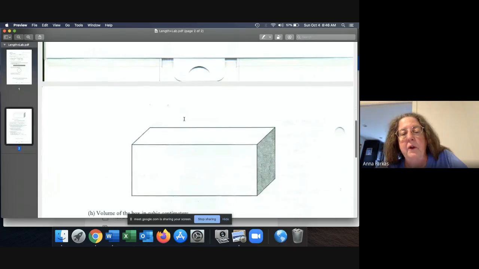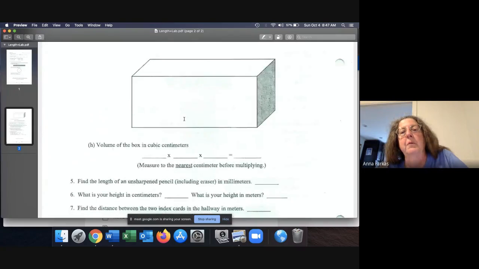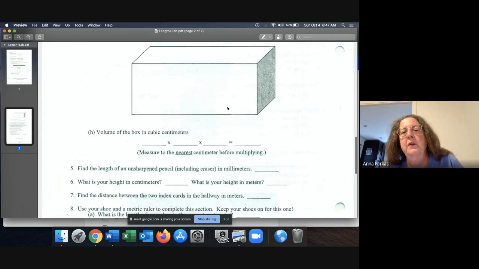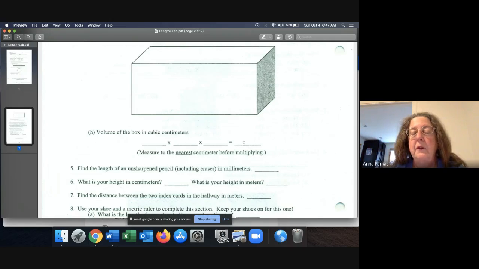Okay, so that's for starters. Now, volume. This is asking for the volume of the box in cubic centimeters. So that tells you that you must measure each measurement in centimeters so that you can multiply them, and then you get cubic centimeters, centimeters to the power of 3, or you can abbreviate that cc.